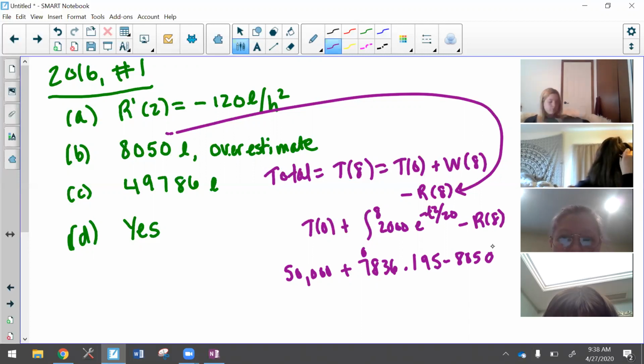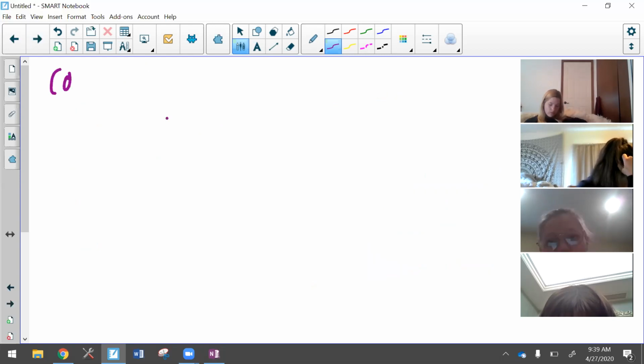Okay. So part D now says, is there a time t when the rate at which the water is pumped into the tank is the same as the rate at which the water is removed from the tank? All right, so I looked at this. I'm just going to go to a new slide here. I looked at part D as an intermediate value problem.